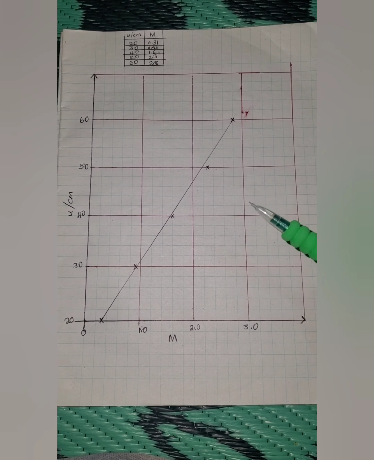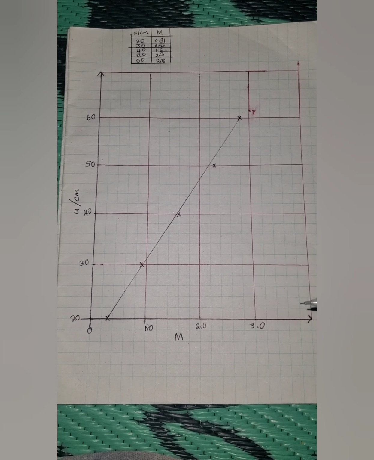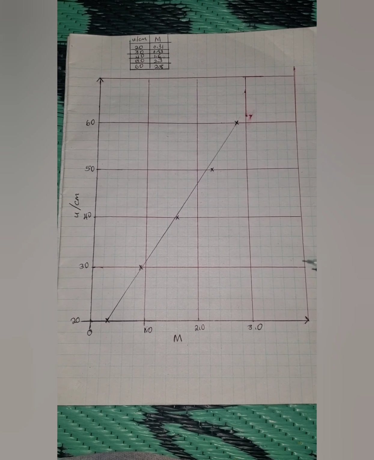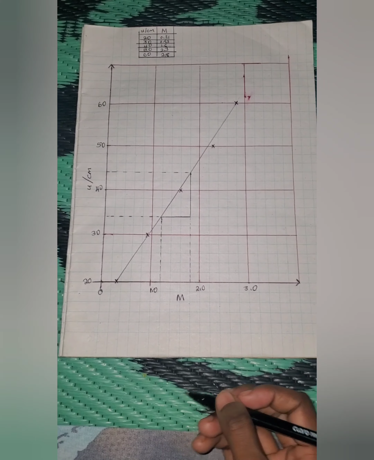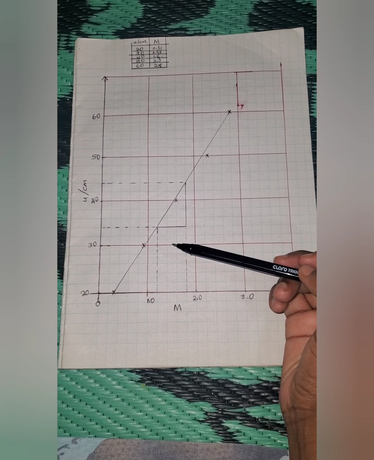So now we just have to pick points to draw our triangle to get our gradient. Okay, so I've picked these 2 points to get my gradient.